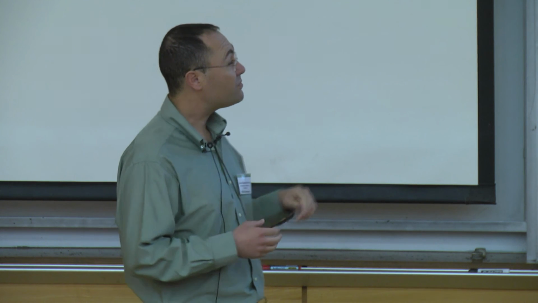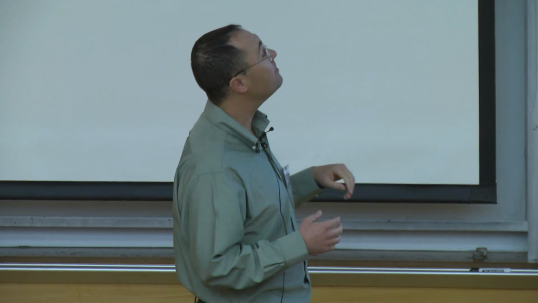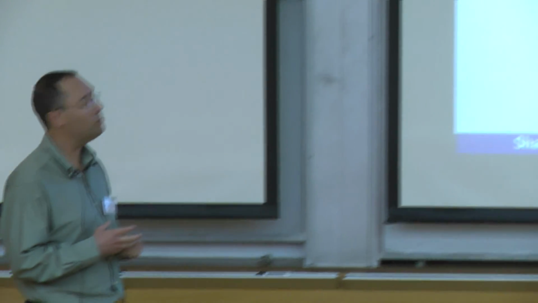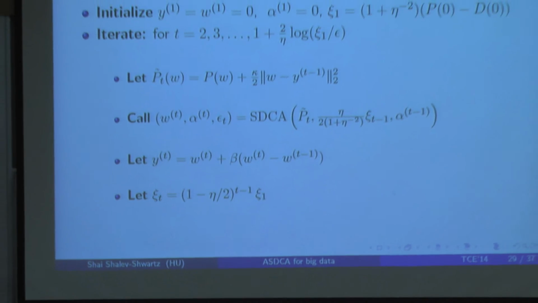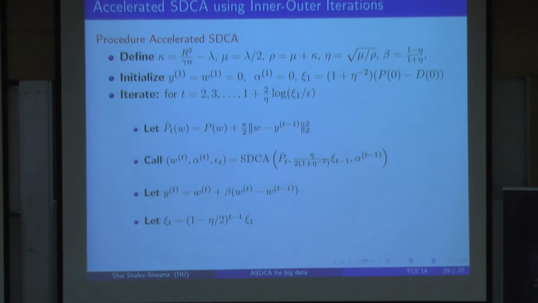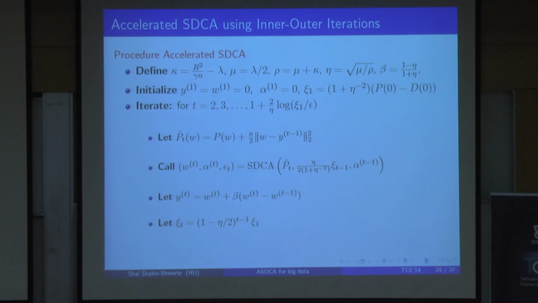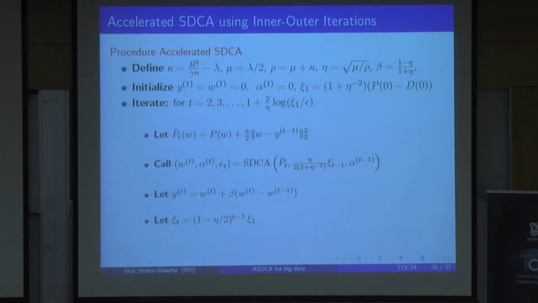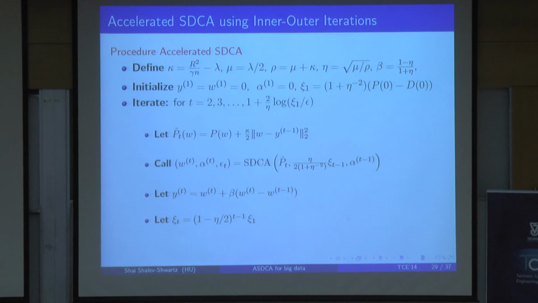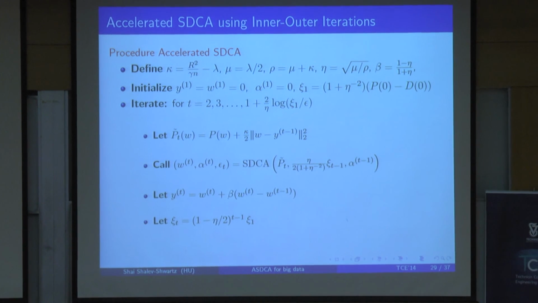And the way to do it is to think about an algorithm which has several calls to stochastic dual coordinate ascent as a black box. And the only difference is that whenever we call stochastic dual coordinate ascent, instead of calling it with the original P of W, we add a little bit of regularization around some vector which depends on where we are.